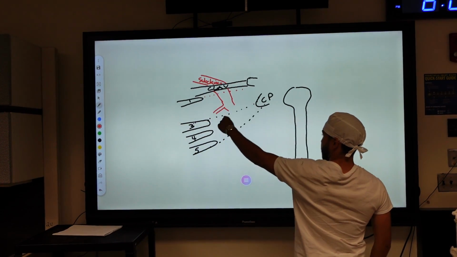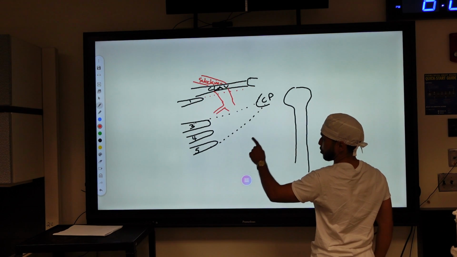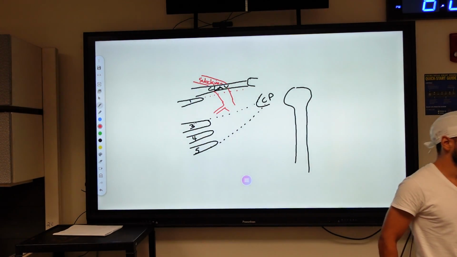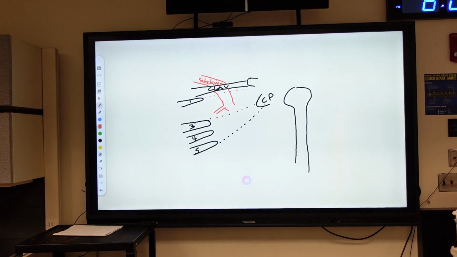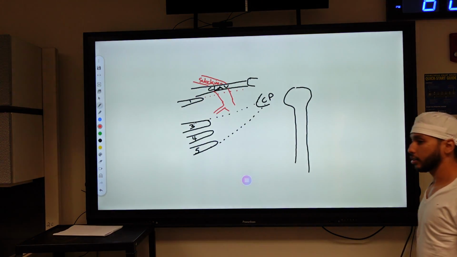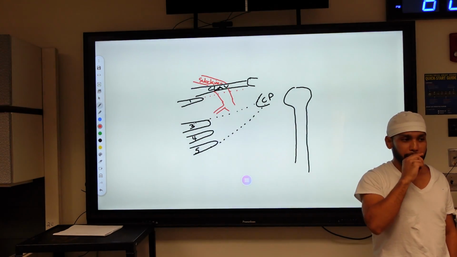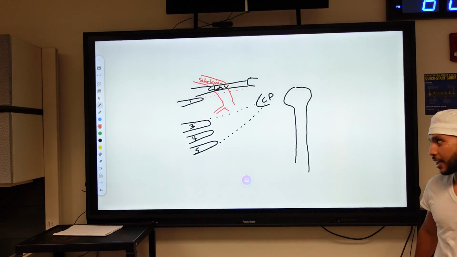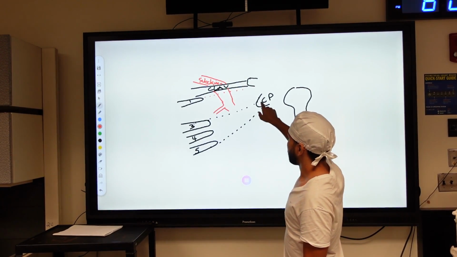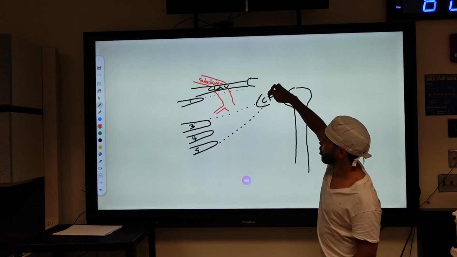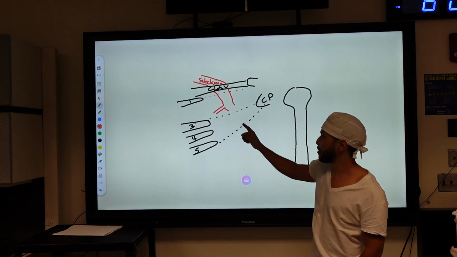And this dotted line that I just drew, going from coracoid process to ribs 3, 4, and 5, what do you guys think that is? Pec minor, yeah, pectoralis minor, okay? So this black dotted line right here that you see is kind of like triangular, going from coracoid process to ribs 3, 4, and 5, that's my pec minor.